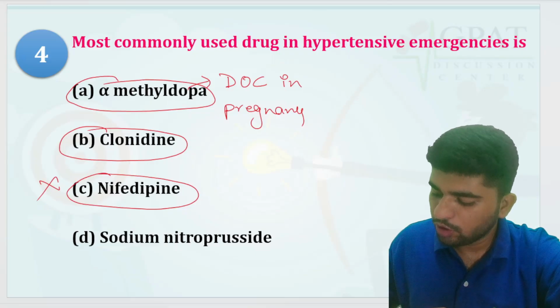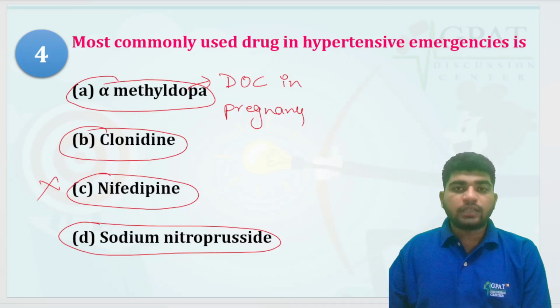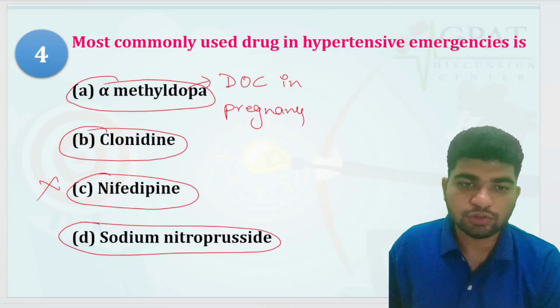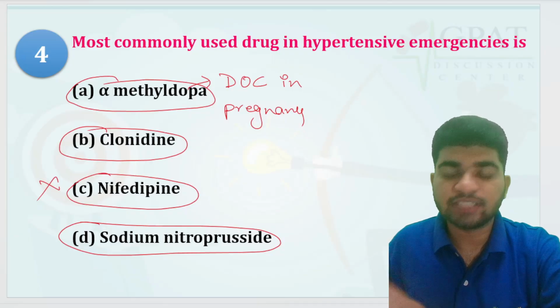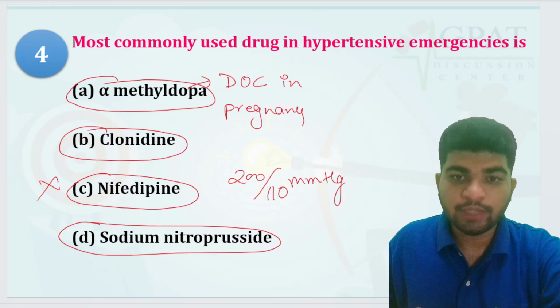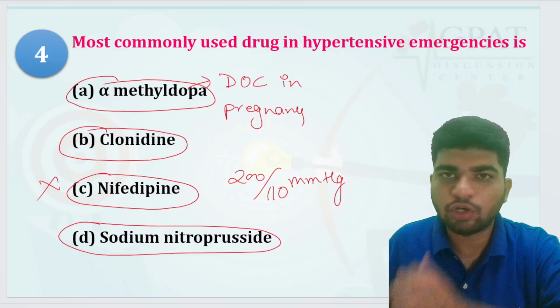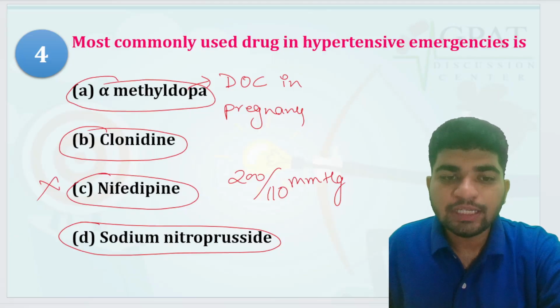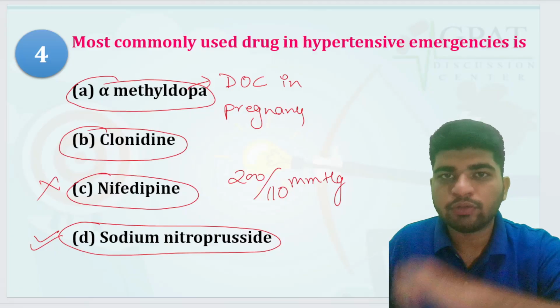But sodium nitroprusside is a DOC in hypertensive emergencies. When a person has around 200 by 110 mmHg blood pressure and goes to the hospital in an emergency condition, doctors give an infusion, an injection of sodium nitroprusside, to lower the BP.